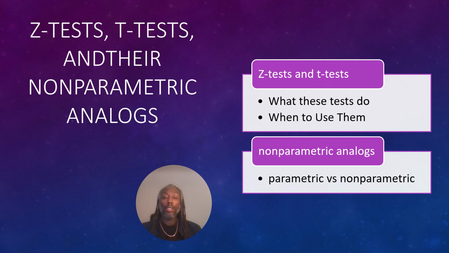Parameters are the equivalent of statistics like the mean, the median, the mode, or the standard deviation and variance, but instead of calculating those for a sample, we're talking about those for the entire population. When you calculate one of those things for an entire population, we call it a parameter. A parameter is a descriptor of a population of data, whereas a statistic is a descriptor of a sample.